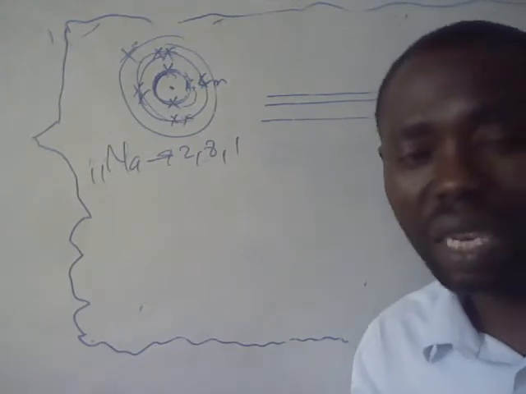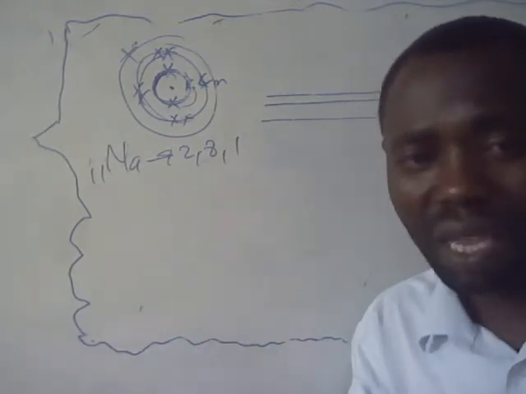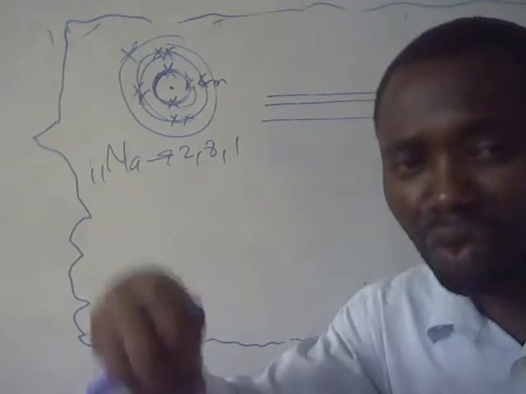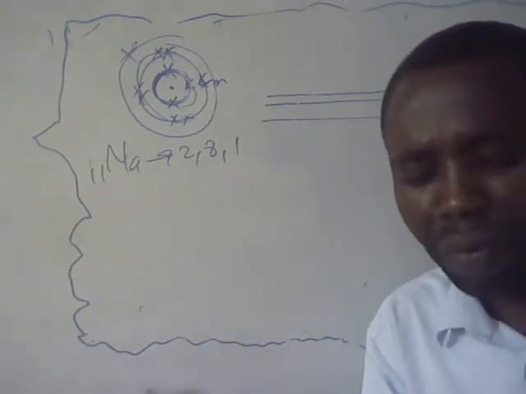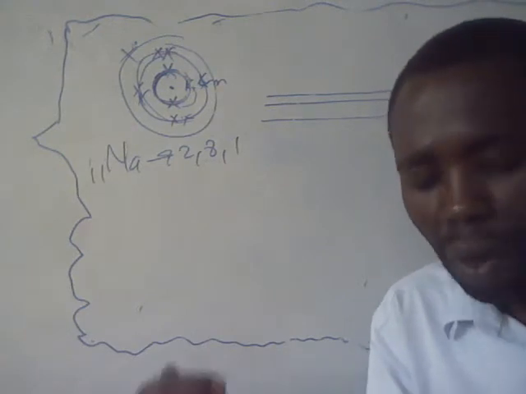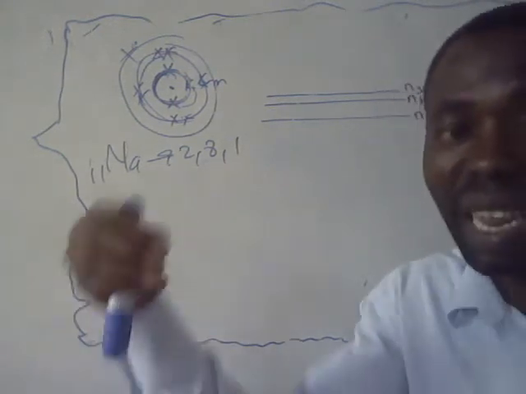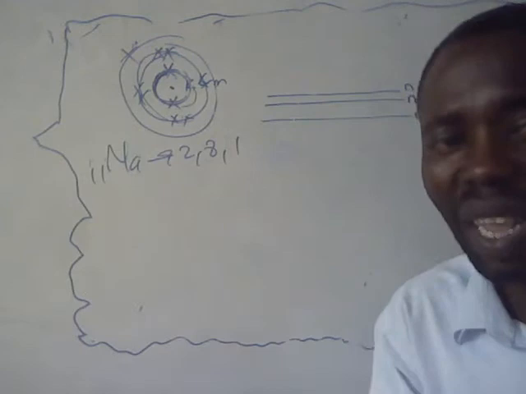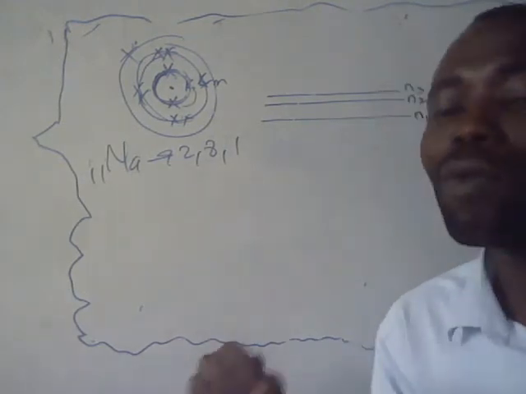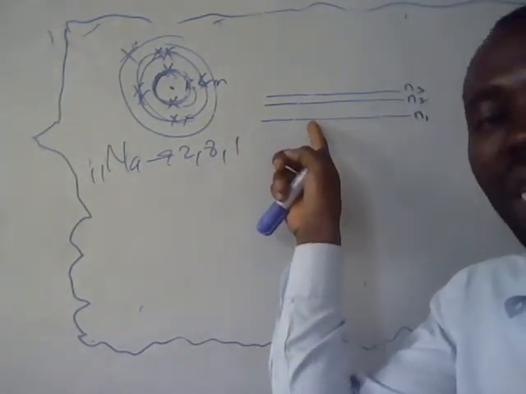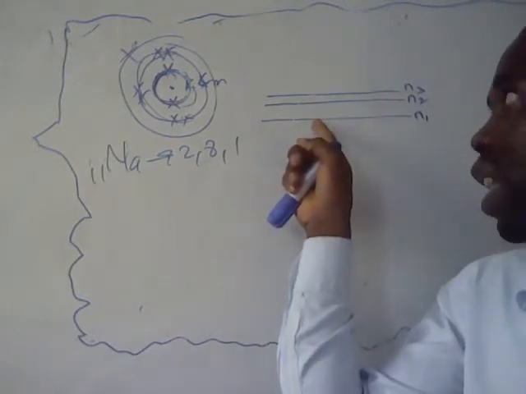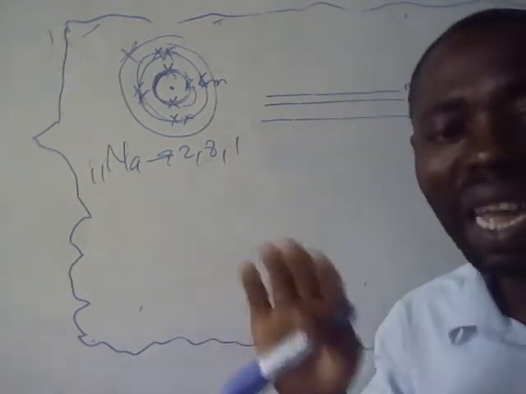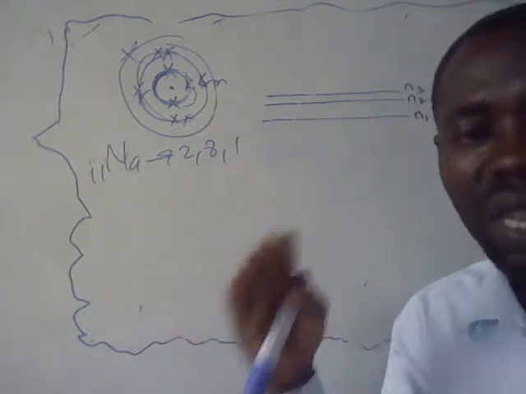That electric energy will be absorbed by the electrons of the gas inside the tube. As a result, they become energetic. They move from a lower energy level to a higher energy level, and at the higher energy level, they are unstable.